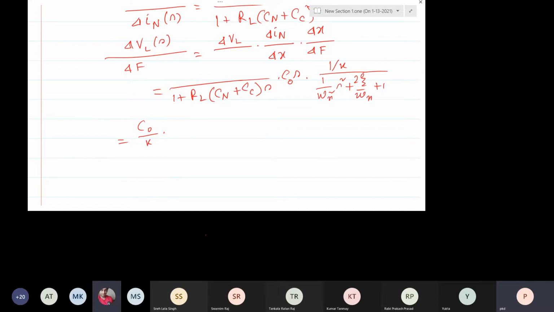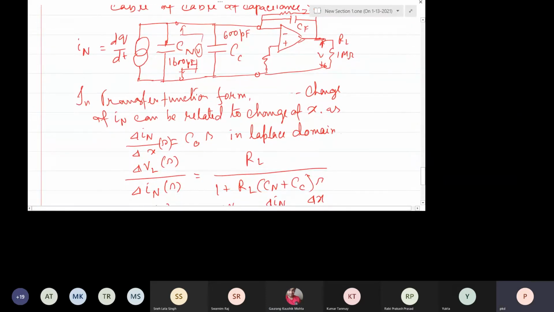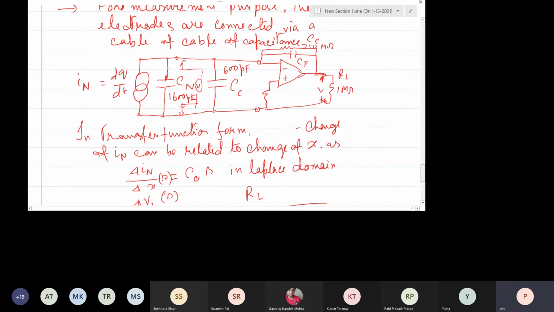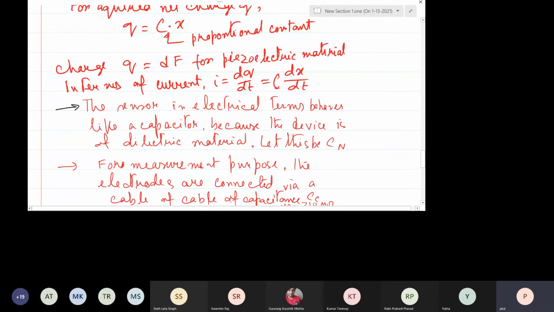Sir, how did delta IN by delta X come? Delta IN by delta x is C0 into s. This is coming from I equal to dq dt, and q we have is equal to C into x, so I is dq dt equal to C dx dt.